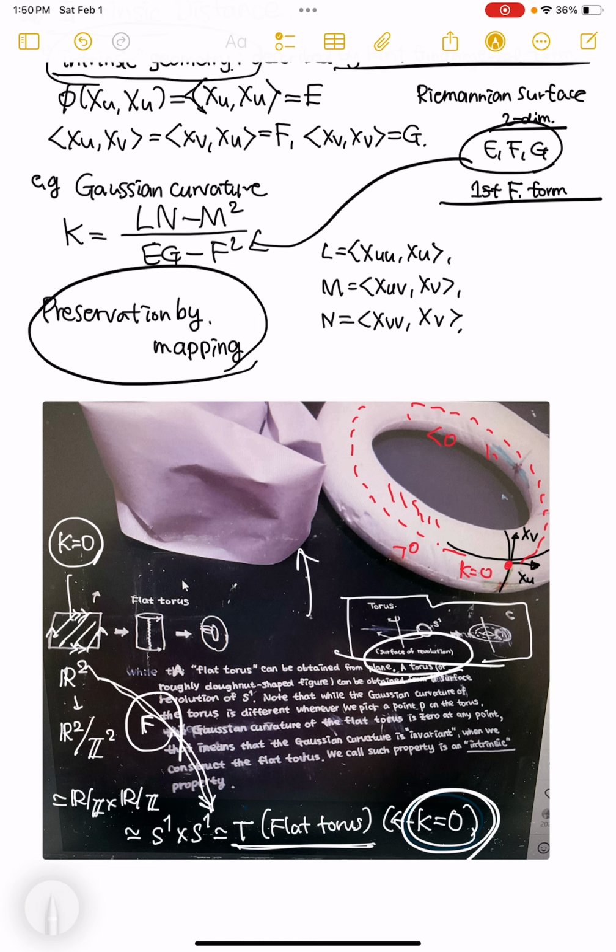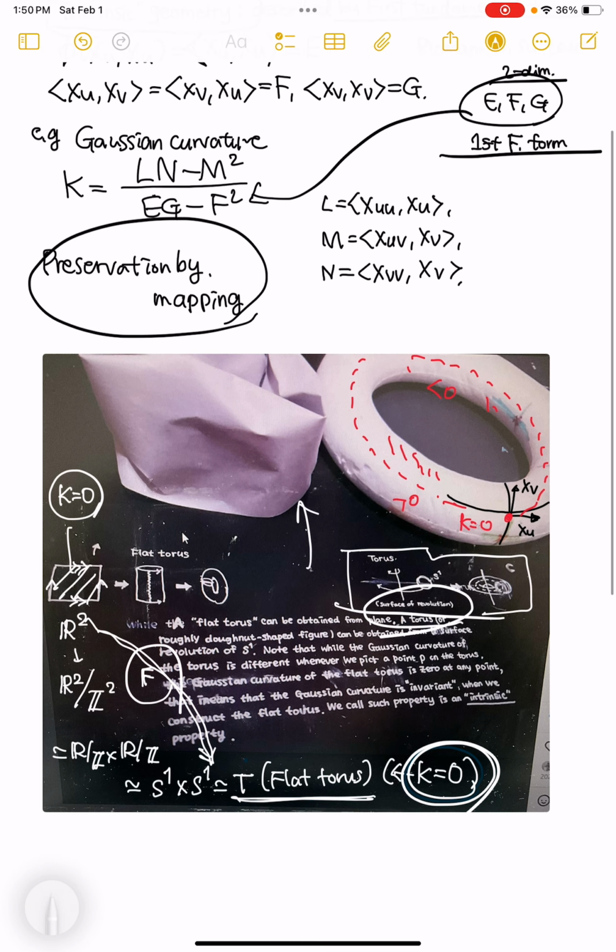So the main point of intrinsic geometry is which map preserves the information of intrinsic geometry.